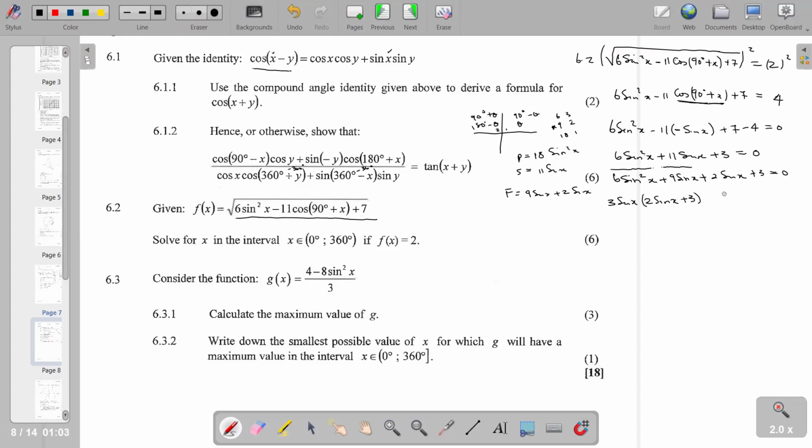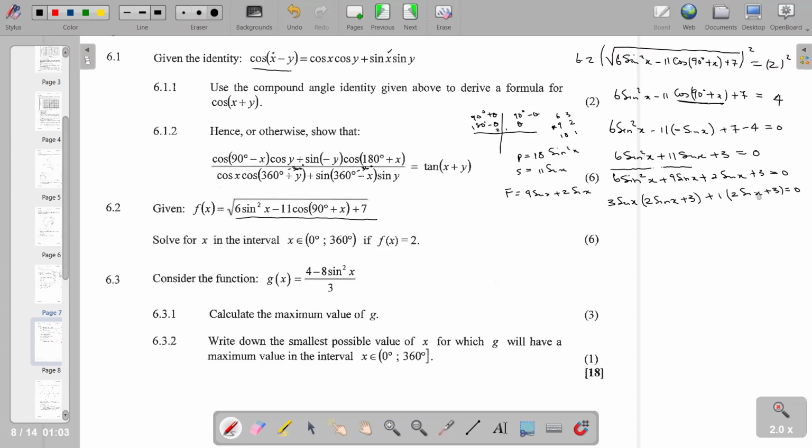Then our common factor here is plus 1. And then we are left with 2 sine x plus 3 equal to 0.